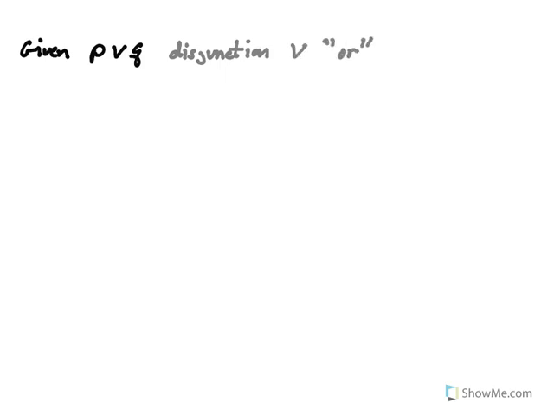So the negation: if you want to take this statement and negate it, we can distribute the not over the parentheses, and we can see that something will occur.